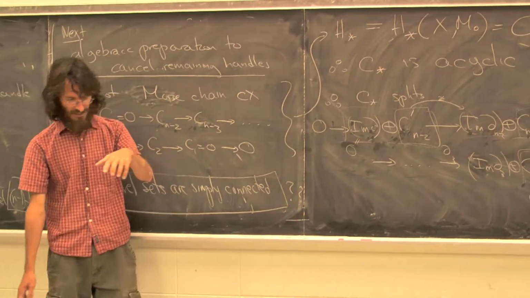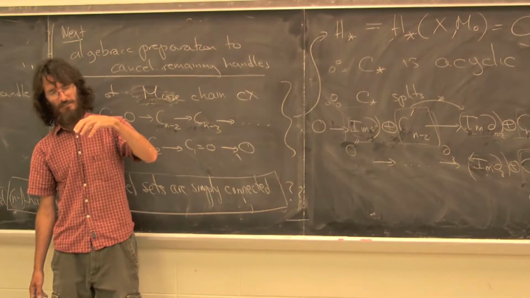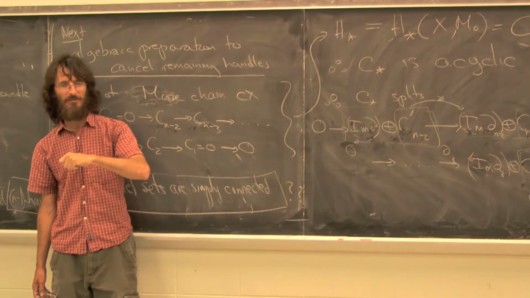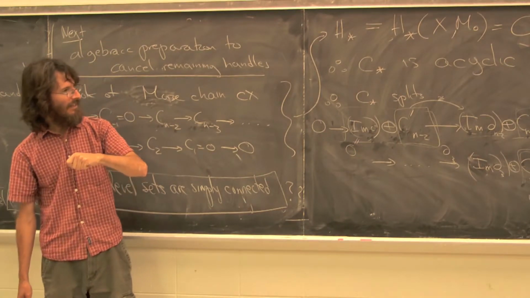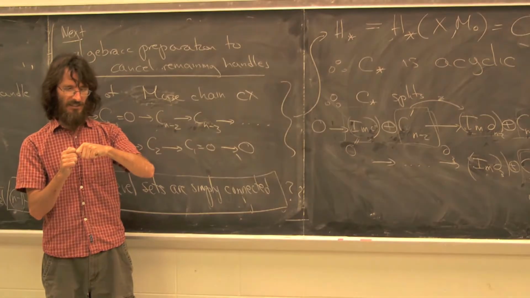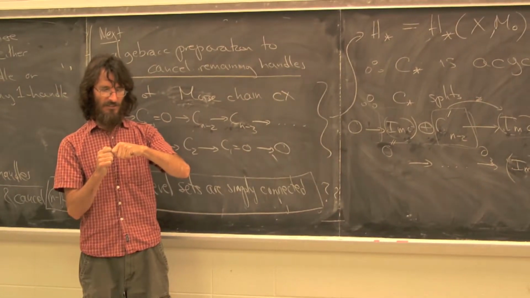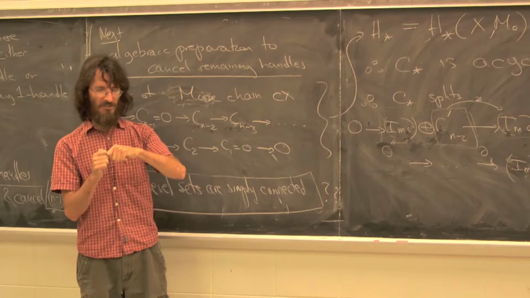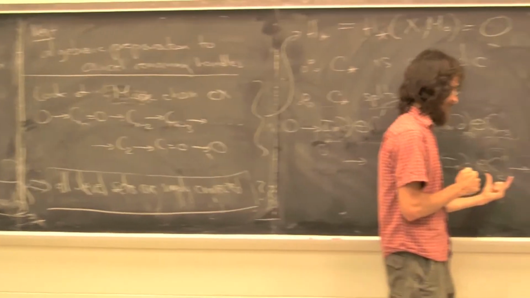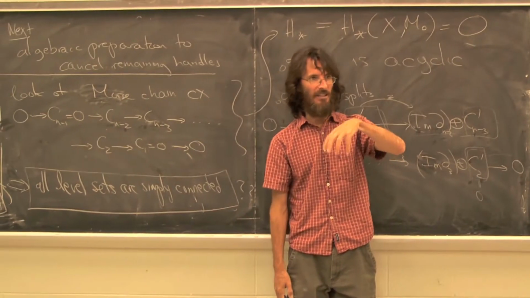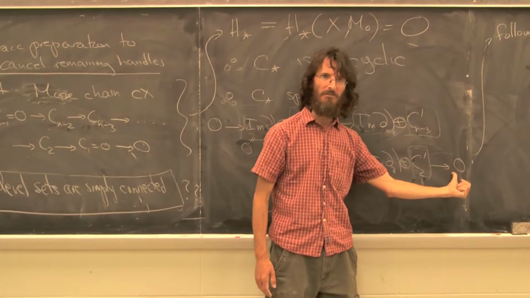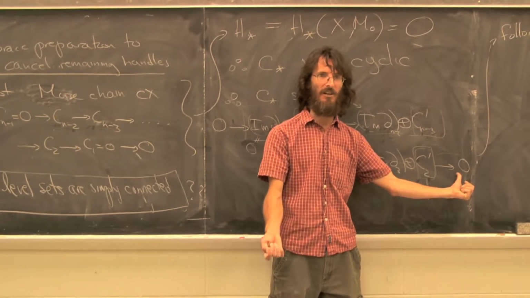This is sort of easier. I mean, if there's no H2, then I need to know that the boundary map of every index 2 critical point maps to 0, because there's no 1-handles at all.